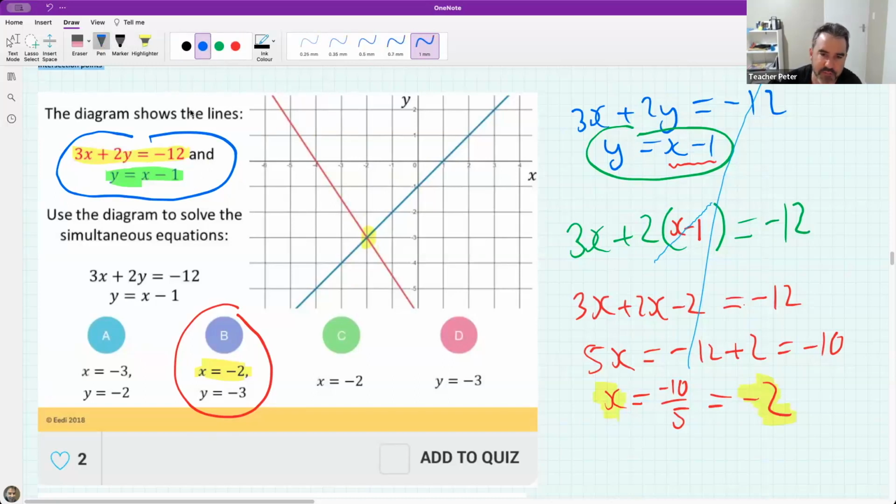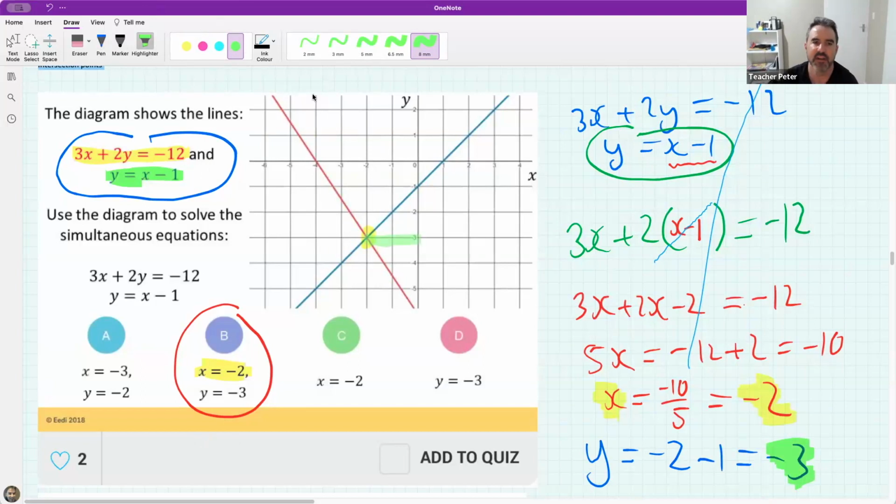Where do I get the y from? Well, isn't there an equation which says y equals x minus 1? So you said you had x of -2. If you take away 1, you get -3. And so you find that that's -3 using algebra, but you can also see it's -3 using the graph.